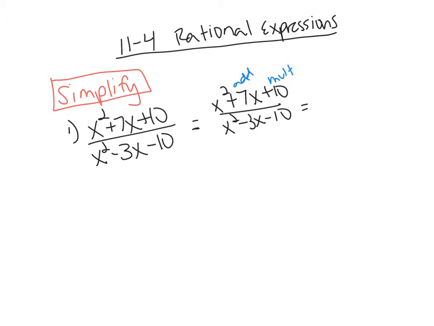The only options for 10 are 1 and 10, and 2 and 5. How am I going to get positive 7? That's going to be a positive 2 and a positive 5.